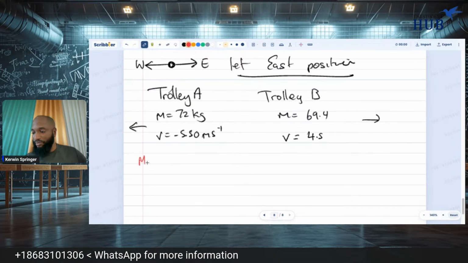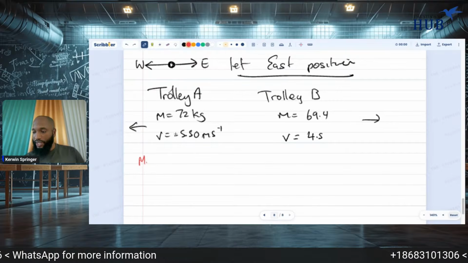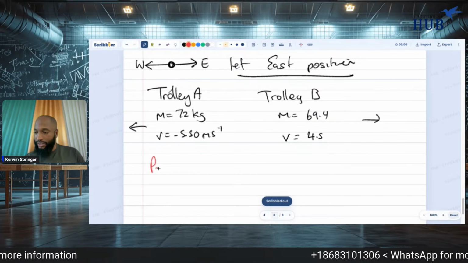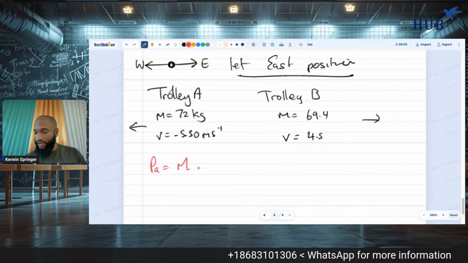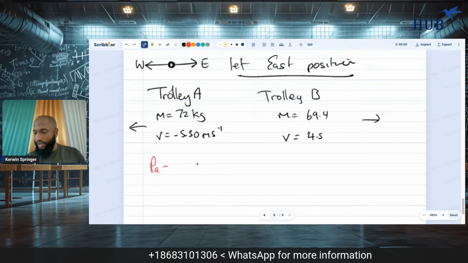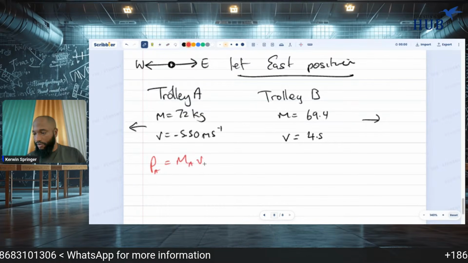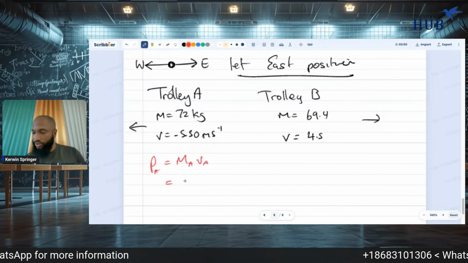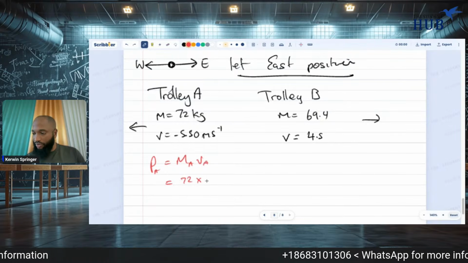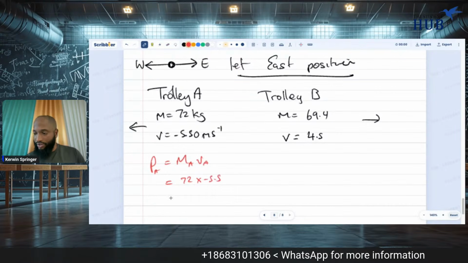So the momentum, you could say PA is going to be MV, MA, which is how much? 72 times negative 5.5 is?